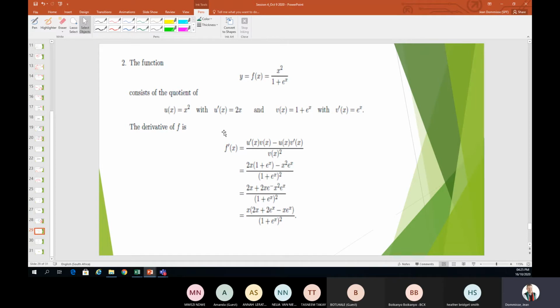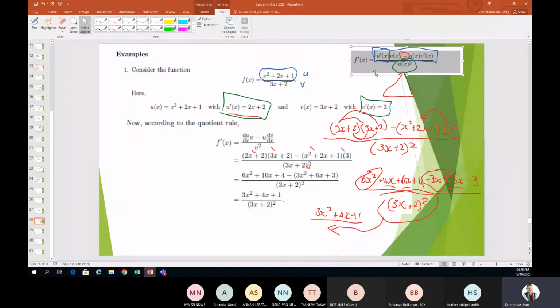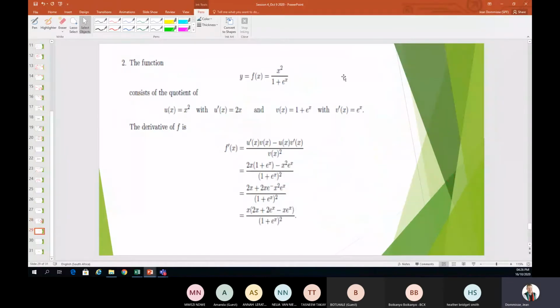Okay, so let's look at this one, because it is a bit more difficult. But again, let's make it easier for ourselves. So we know that this is the formula that we will work with. So that is your one term, that is U. That will be V. So just remember that.